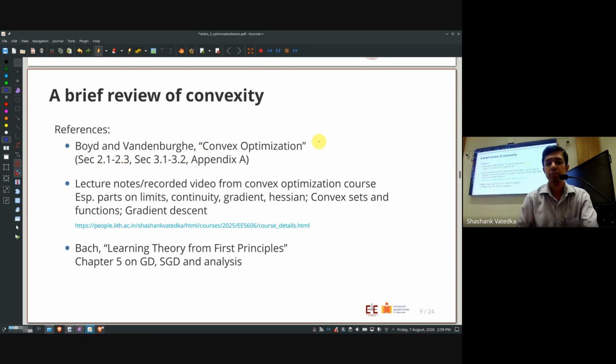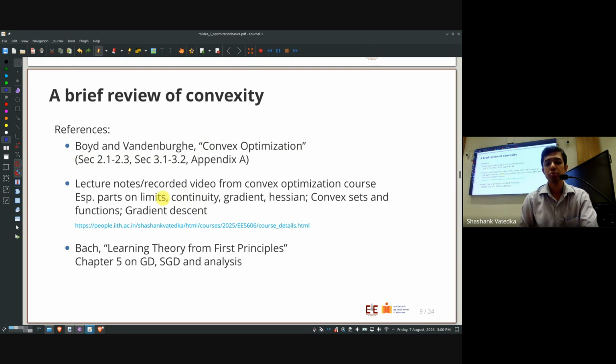These will be basic definitions on convex sets and convex functions. I'm taking a lot of that material from this book. I will not cover everything in these sections, but it's very useful to go through chapters 2 and 3 anyway. This also has a lot of worked examples and exercises, so it's a very nice reference.